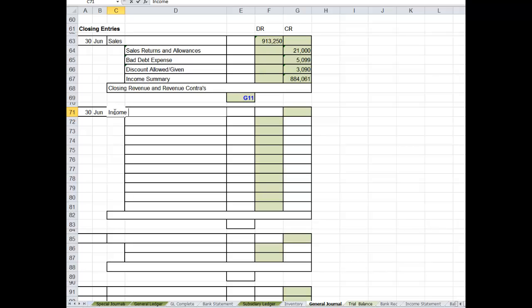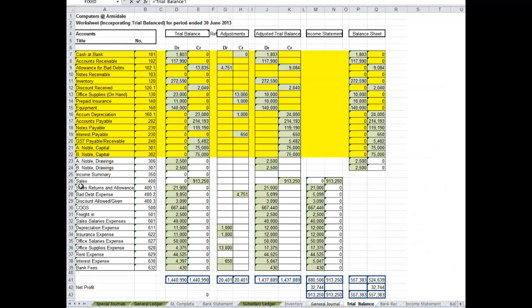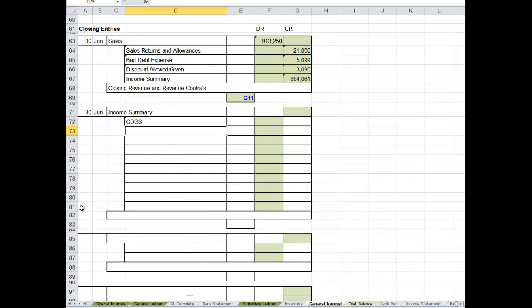We're now going to empty out all the expenses. The normal balance of an expense is a debit, so to empty it out we need to have a credit. Income summary: we don't know the value of this item first, we just know it's going to be first. So we need to go to the trial balance, and our first expense is cost of goods sold.